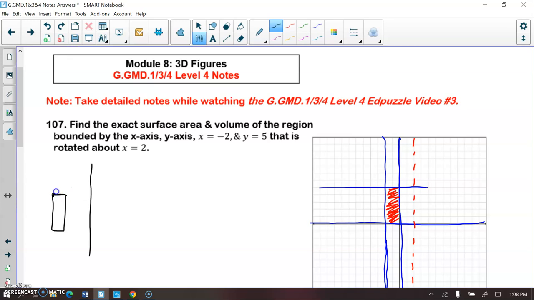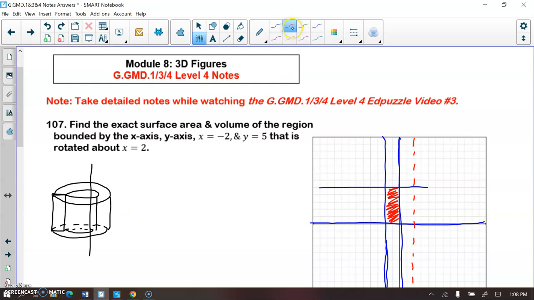So I'm going to be rotating it like so, to where I have a cylinder with a cylindrical hole. That is what I'm finding the volume of.